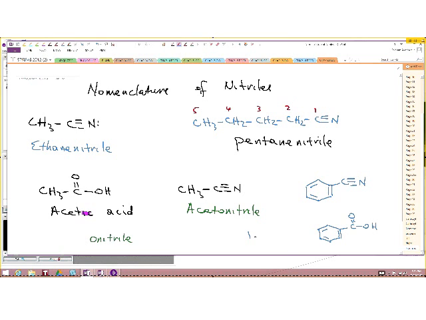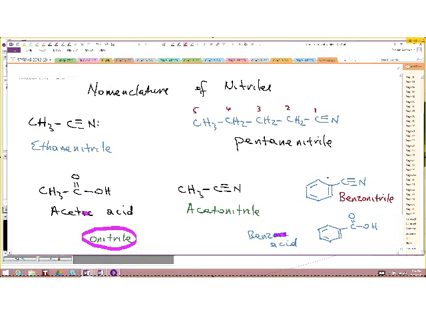So what you could do here is remove the oic and replace it with o nitrile. So in that case, this molecule becomes benzonitrile. So the choice is yours. You could use any one of those methods for naming these compounds.